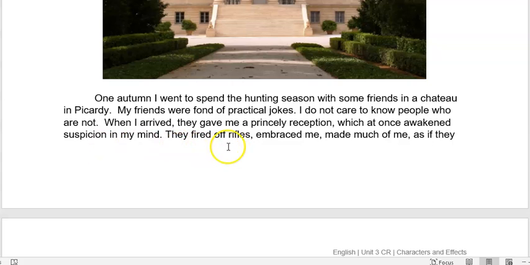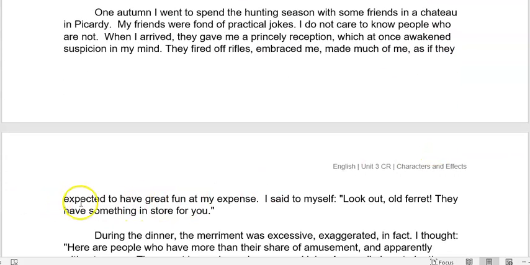"They fired off rifles." They're shooting hunting guns. "They embraced me." They gave him a hug. "They made much of me." Hi, how you doing? Nice to see you. Glad you're here. Welcome, welcome, welcome. "As if they expected to have great fun at my expense."